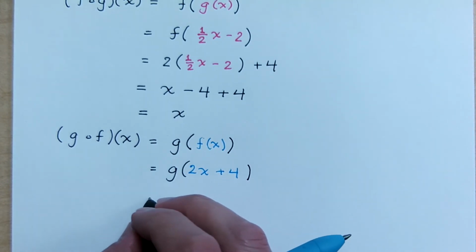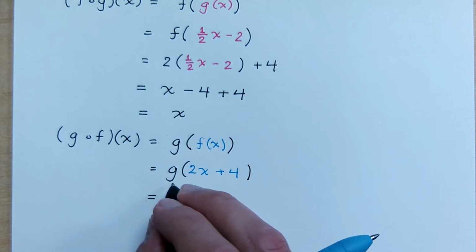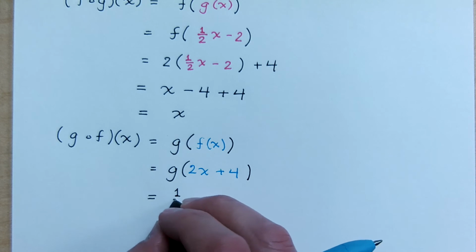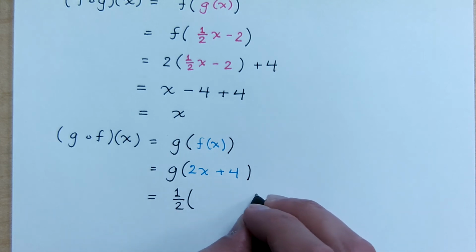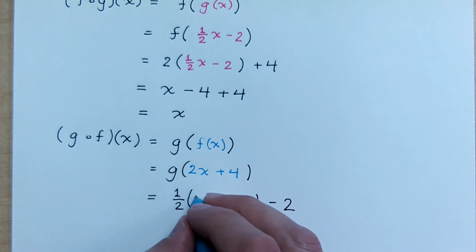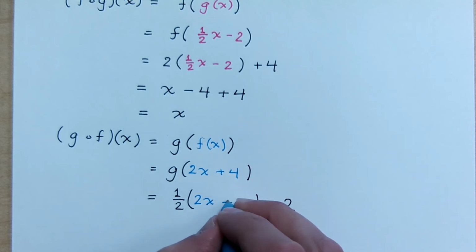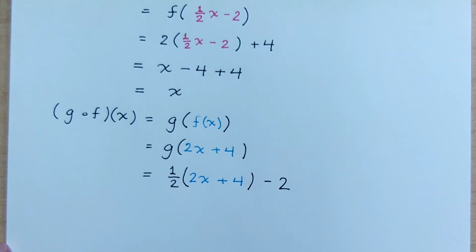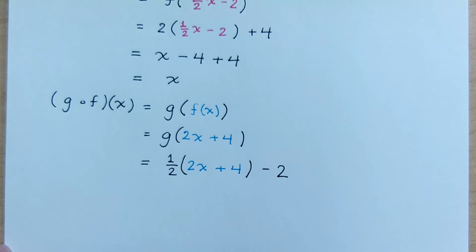And so in my function g, I'm replacing all of the x's with 2x plus 4. So g was 1/2 x, I'm going to use parentheses, minus 2, and inside the parentheses, which is where my x was located before, I'm writing the 2x plus 4. This is more difficult than the function composition we had earlier, a few weeks ago, because we're having to plug variable expressions into other variable expressions.